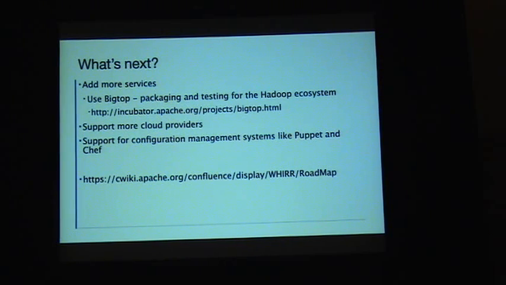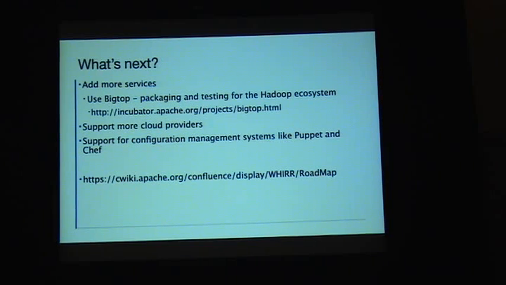Finally, the other aspect that we're working on is using alternative configuration management systems. In the example I showed, we were using Bash to do installation, which isn't necessarily the best way of doing things. And we'd like to be able to reuse Puppet or Chef recipes that people have.